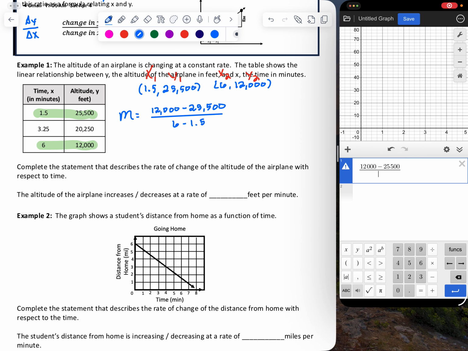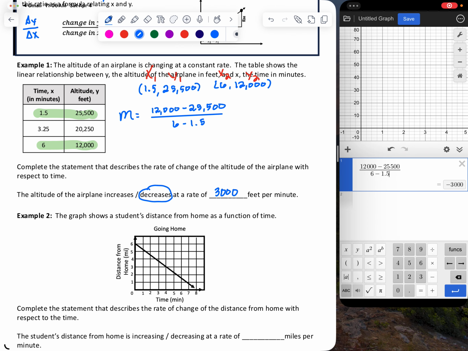And on the bottom of my fraction, 6 minus 1.5. So we get negative 3,000. Because we have a negative slope, that means our altitude is decreasing at a rate of 3,000 feet per minute.